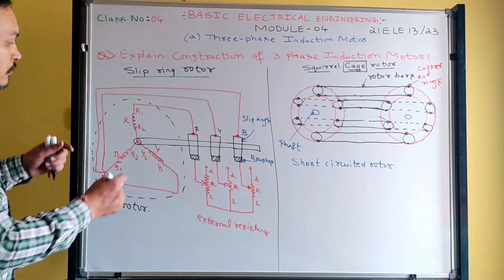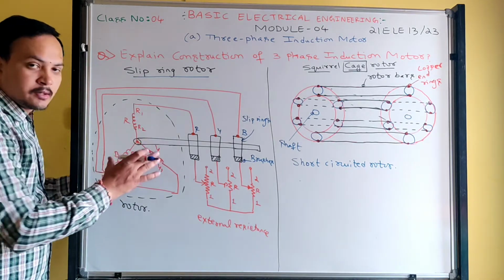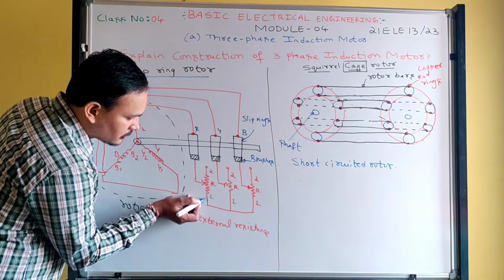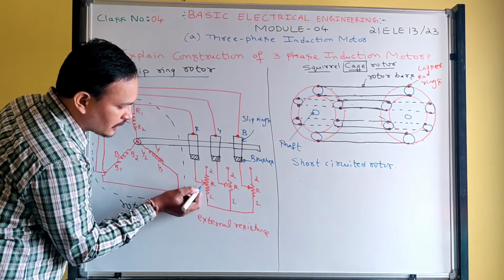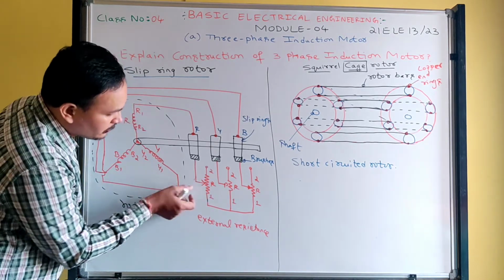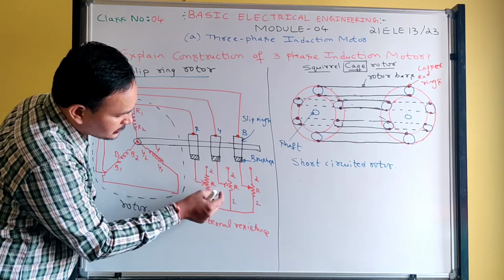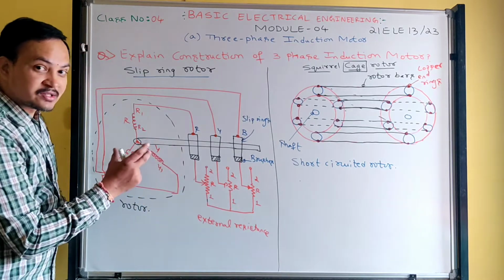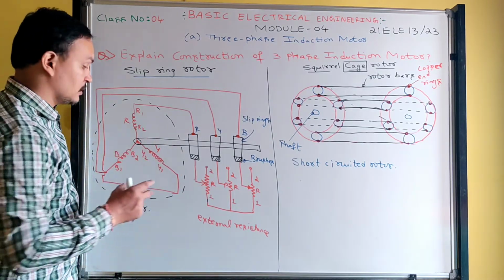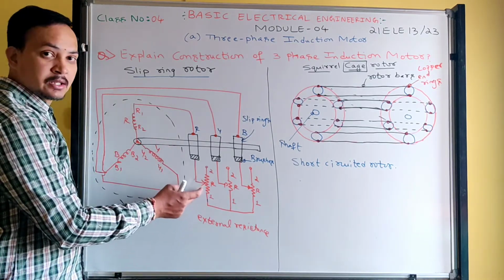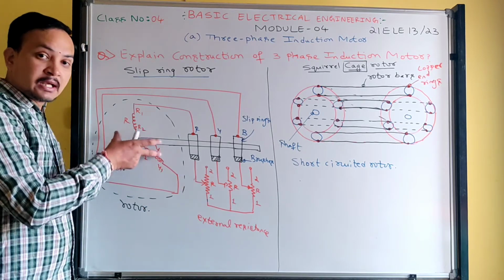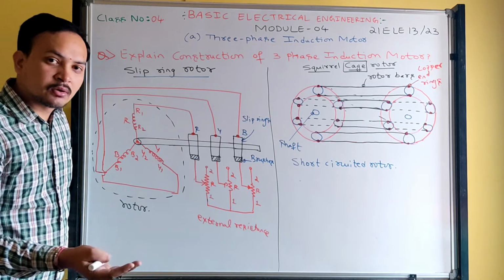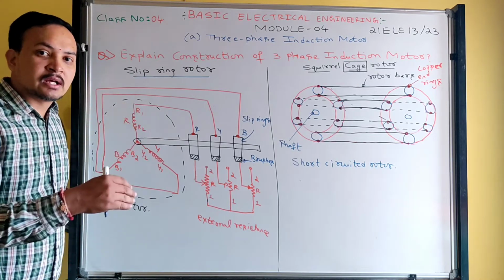Once the rotor picks up its speed slowly, we can vary this variable rheostat to the middle position. Now in the middle position, this much resistance is added to the circuit. Rotor resistance increases, current decreases, so less magnetic field, less rotor flux interacting with the stator flux.